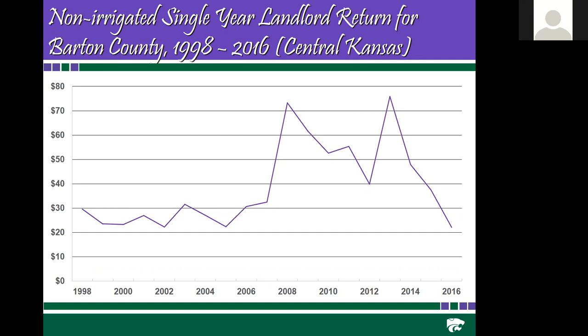Then we hit the high profit years beginning in 2008, when that jumped per acre from 32 to about 72. That then decreased gradually, or maybe not so gradually, from 2008 to 2012, where that number went from 72 down to 40. Then we hit 2012, it went from 40 to right at about 76, 77, 78.